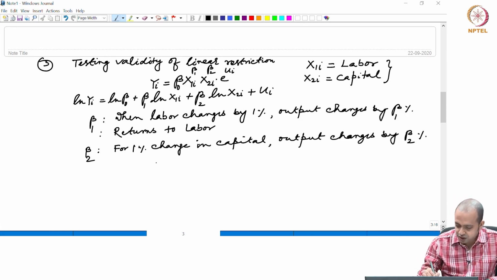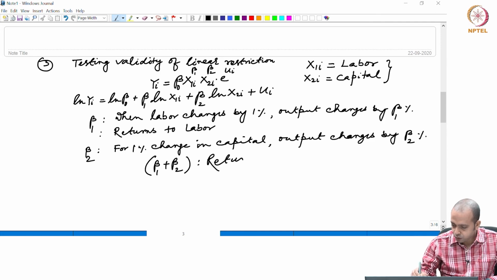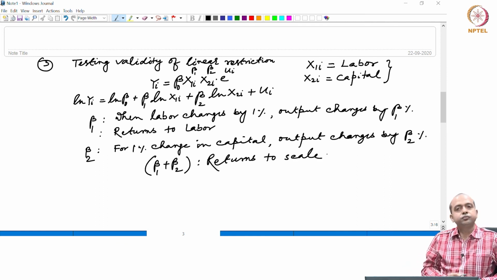So, we said that beta 1 plus beta 2 basically indicates returns to scale, okay, returns to scale.